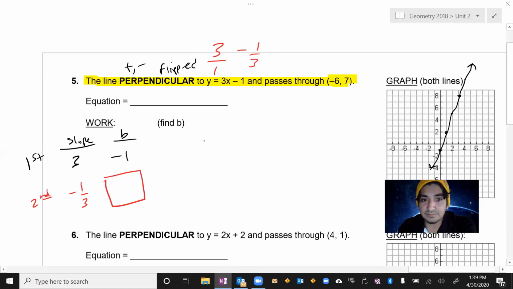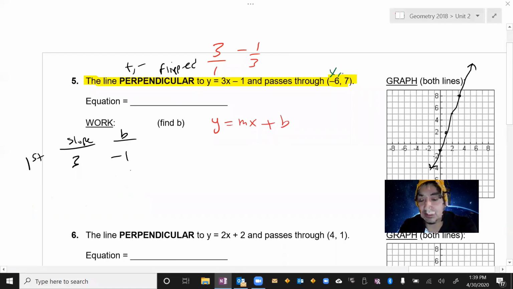So that's what's missing. So I'm going to take what I know, y equals mx plus b, and plug it in. My y is 7. My m, which is the slope, is going to become the new one, negative 1/3. And then my x is going to be negative 6, plus b.